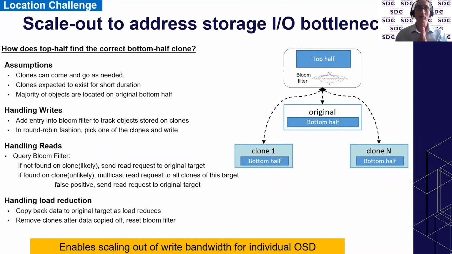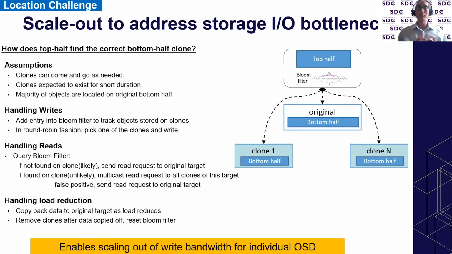Okay, so now clones were created, and now a new write comes in. When a new write comes in, the first thing the top half will do is choose amongst its original or clone targets. Let's say it chooses a clone. At this point, the object URL will be added into a Bloom filter, which is basically used to track all objects stored on all the clones for this particular target.